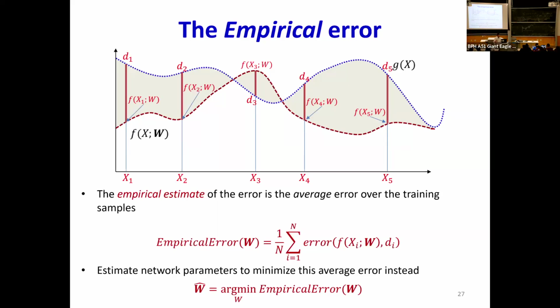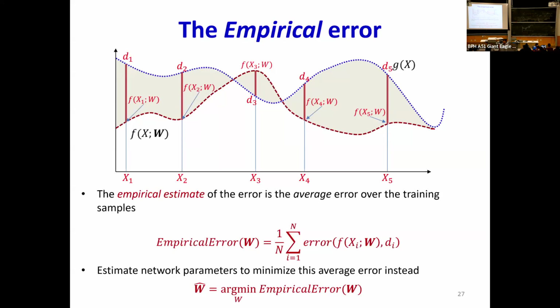And now your network is going to compute some other value at those inputs. So instead of trying to minimize the entire shaded area, what we will do is to minimize the total length of these red lines: the average error of the network over the collection of samples that we've got.